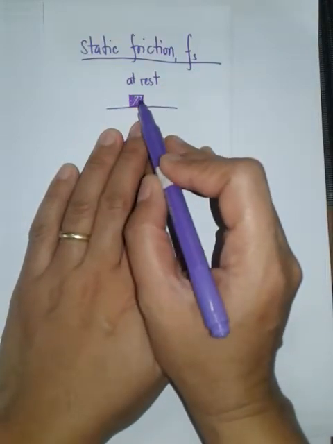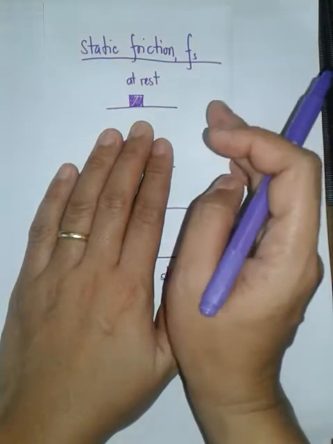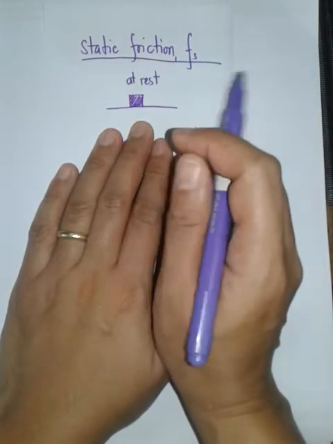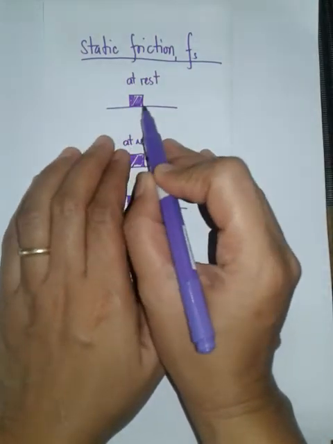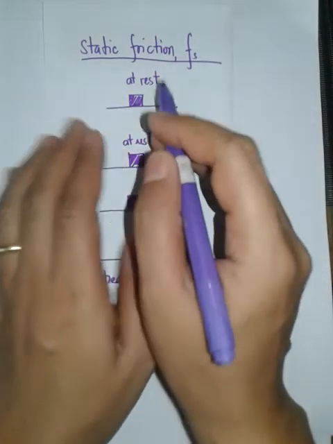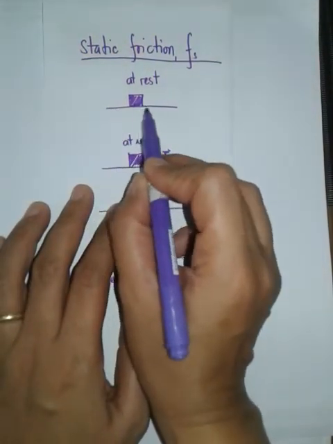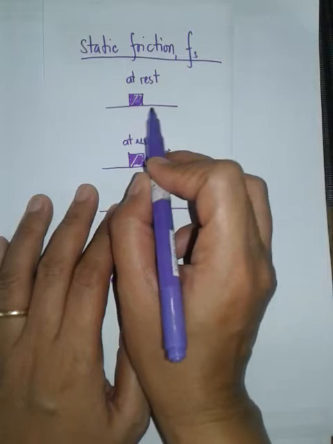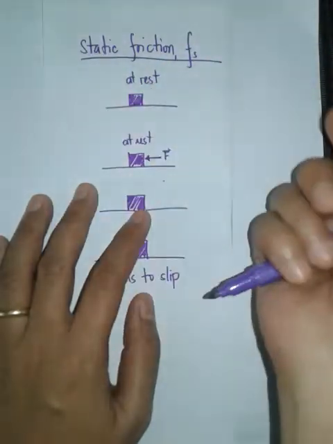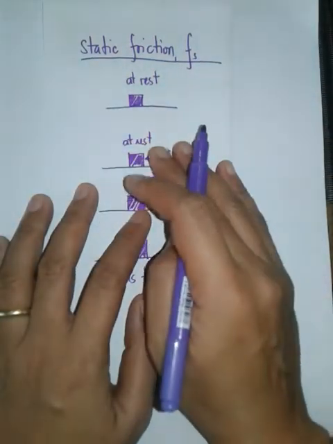If you have just an object that is resting there with no force acting on it, take note that the orientation of friction, static and kinetic, is along the axis where the two surfaces are in contact. If the surfaces in contact are oriented horizontally, then friction lies along that axis, either left or right, opposing whichever direction the motion is.